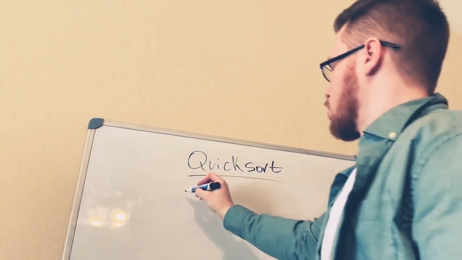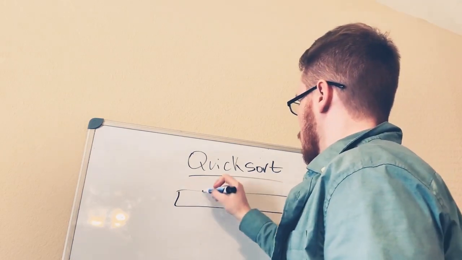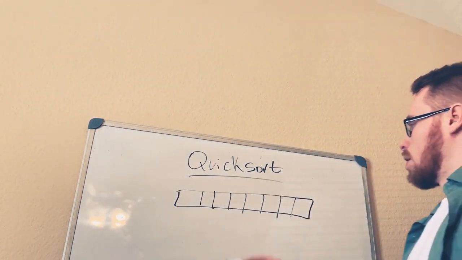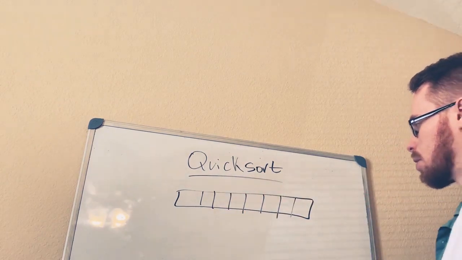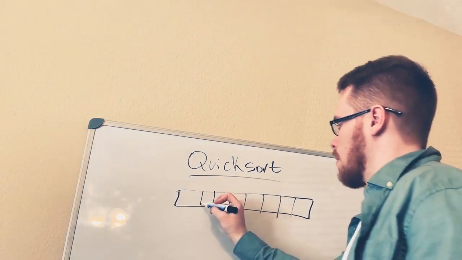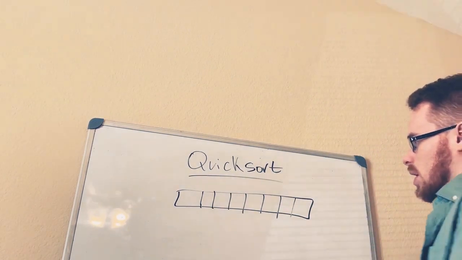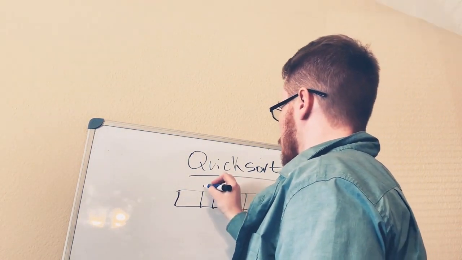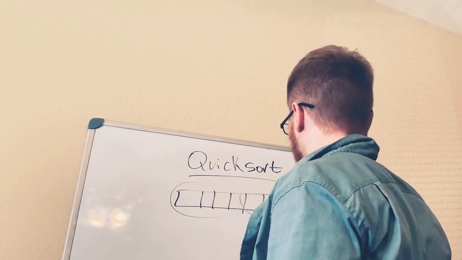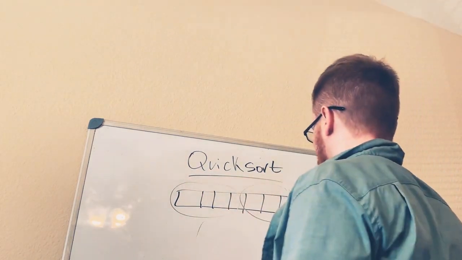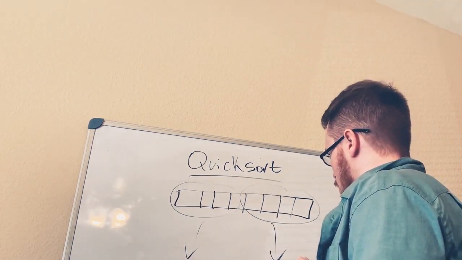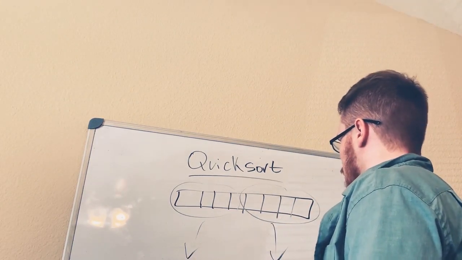Quicksort will have an array here. It's going to sort an array in ascending order. That's the goal. Like I said, it's a divide and conquer technique: it is going to take this array and recursively turn it into subarrays.